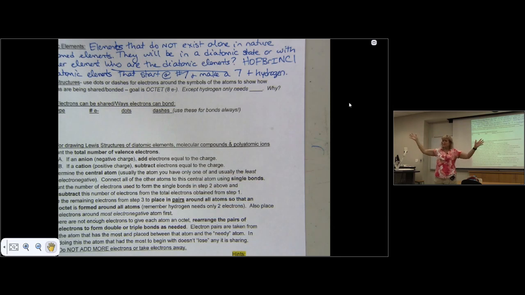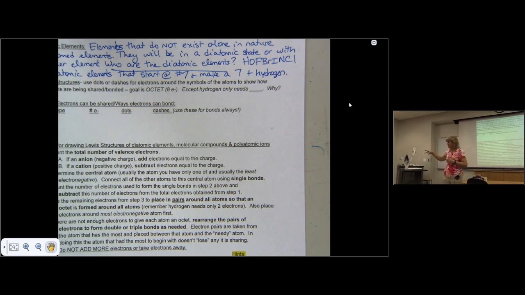Picture, again, this is corny, but picture 2 electrons up here. I'm chlorine right now. 2 electrons. How many am I? 2, 4, 6, 7. Does that make sense? And I've got another one over here. 2, 4, 6, 7.